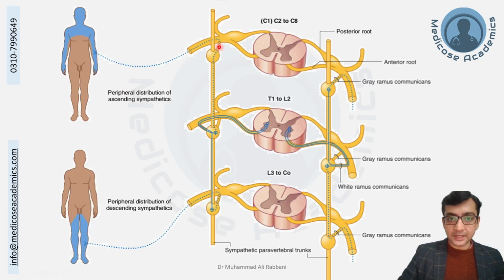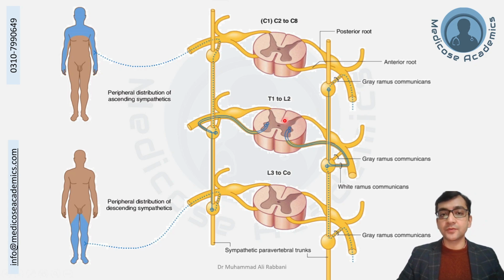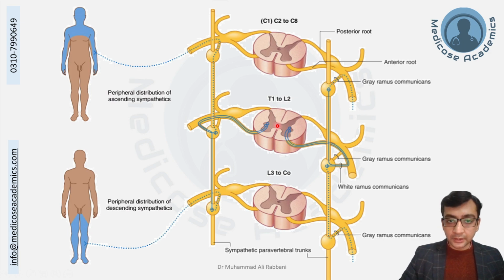This is a little more complex one. For example, to supply all the nerves from above T1, that is the nerves from C1 to C8. Now follow the route. It is present in the lateral horn, exits through the ventral root, reaches the mixed spinal nerve, and enters the sympathetic chain through the white ramus communicantis, but it is not synapsing here.